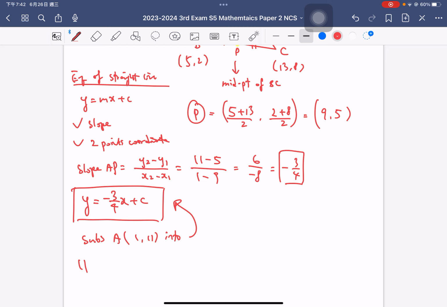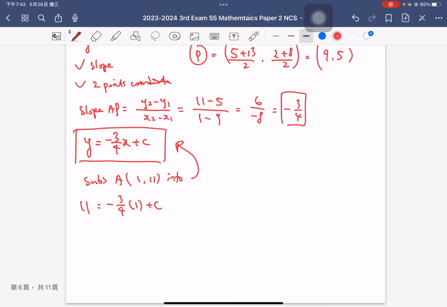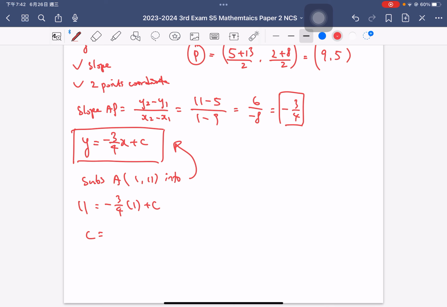So we have 11 is equal to negative 3 over 4 times x, where x is equal to 1, plus c. Use your calculator, c should be equal to 47 over 4. So now we replace c in this straight line equation, so that we have y equal to negative 3 over 4 x plus 47 over 4.